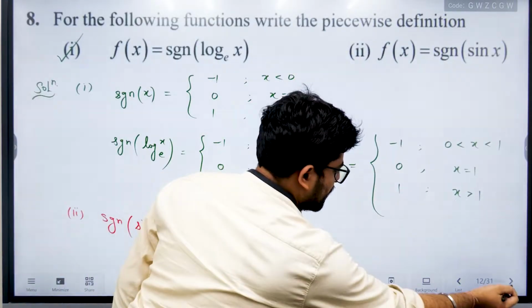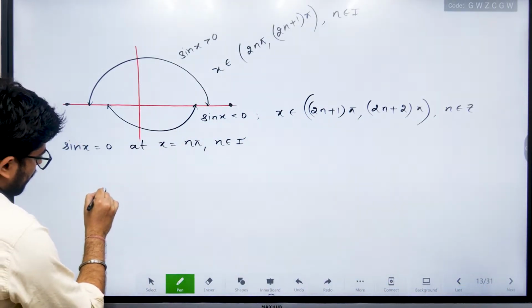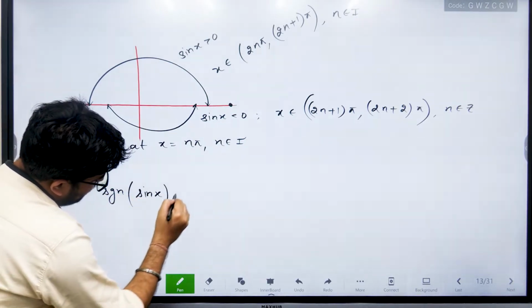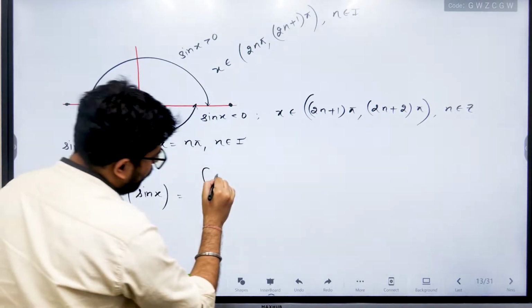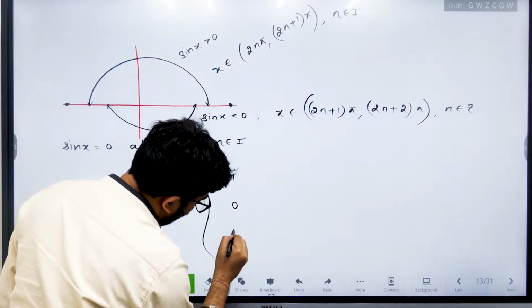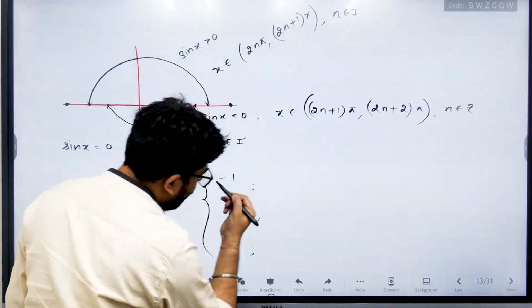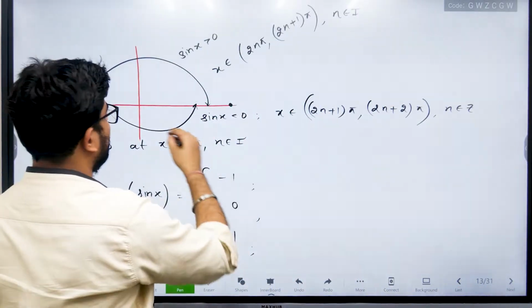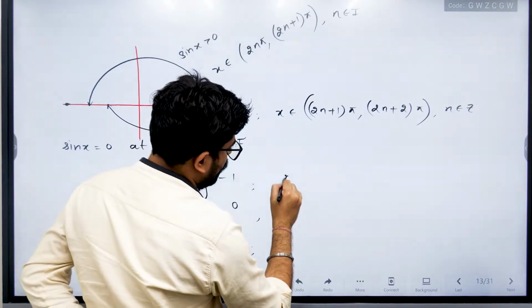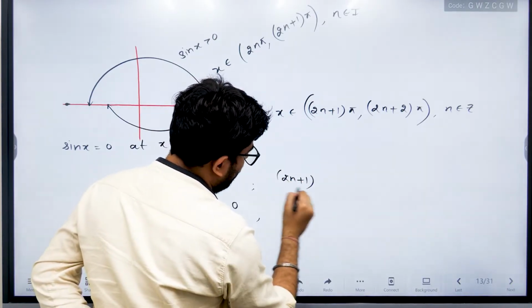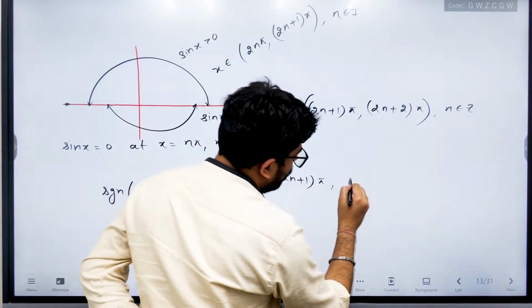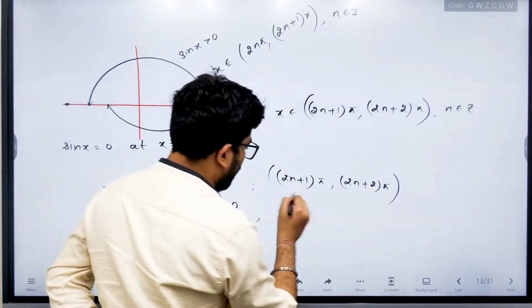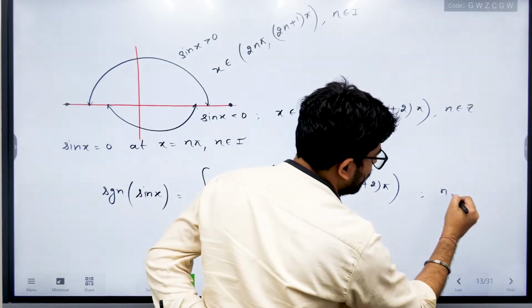So you can say signum of sin x is equal to minus 1, 0 or 1. Minus 1 whenever sin x is negative. So sin x is negative in this portion, so you can say (2n plus 1) pi to (2n plus 2) pi open interval, where n is an integer.